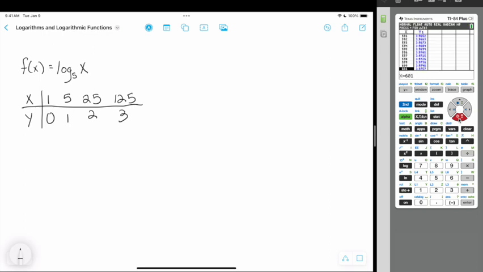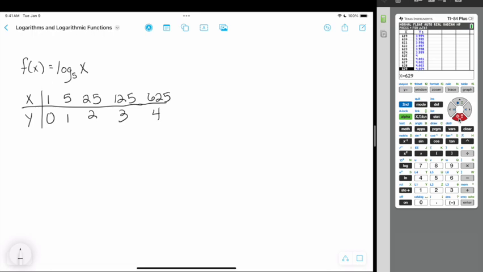We're coming up on it pretty close. Oh, we're getting really close. There it is, 625 and 4. Because 5 raised to the power of 4, we can add that in our table if we want to, 5 to the power of 4 is 625. So these logarithmic functions get very, very large on the x-axis, but very, very small increases on the y-axis.